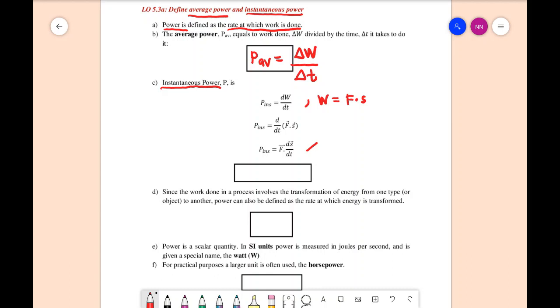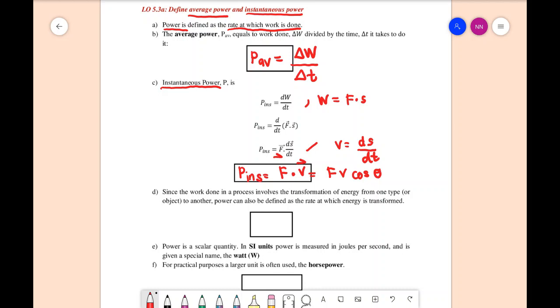Because displacement S varies with time t, where ds per dt is v, the velocity. So we have P instantaneous equals F dot v, where v is the speed or velocity. So F v cos theta.